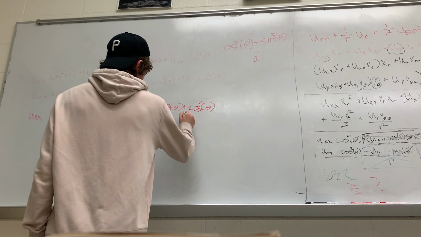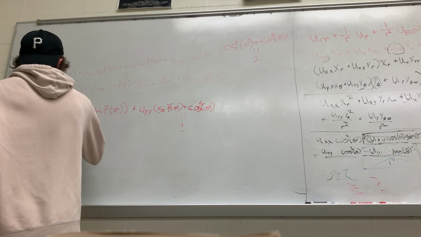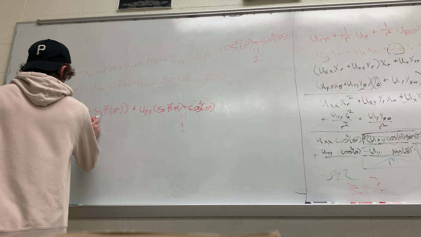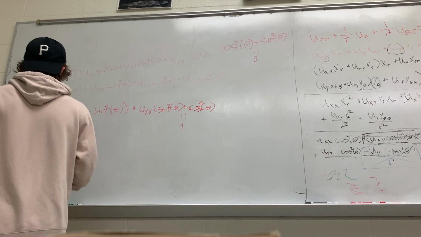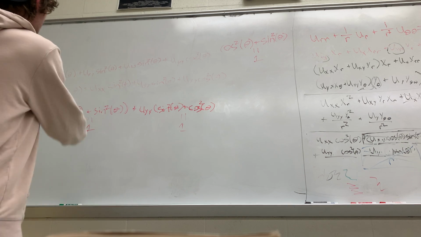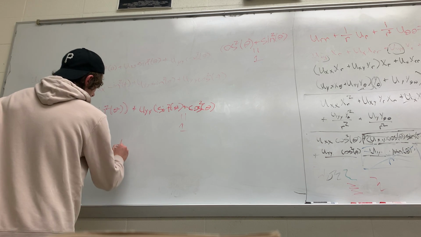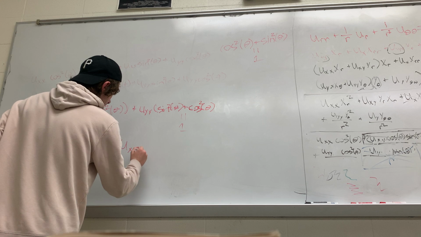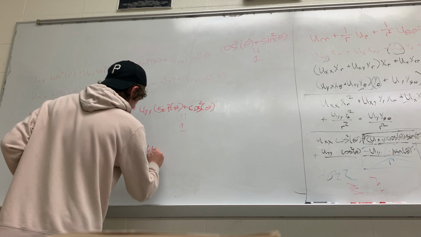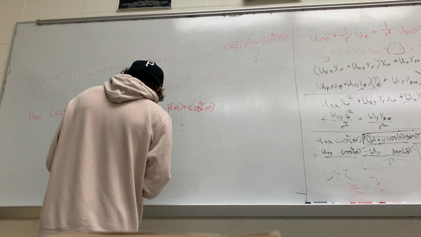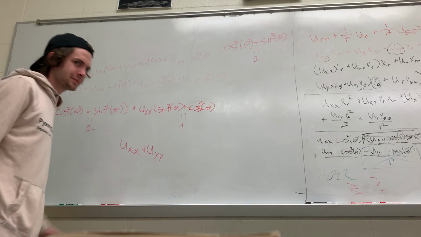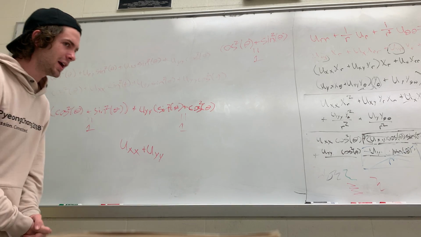So this is equal to 1. This is equal to 1, meaning we are left with uxx plus uyy. And there you have it.